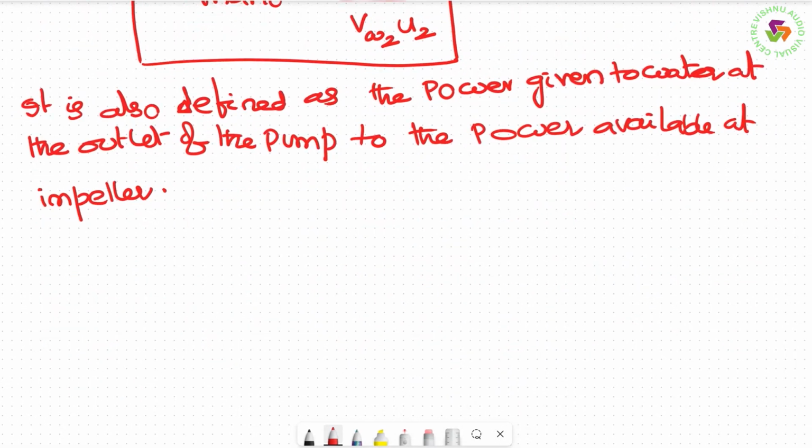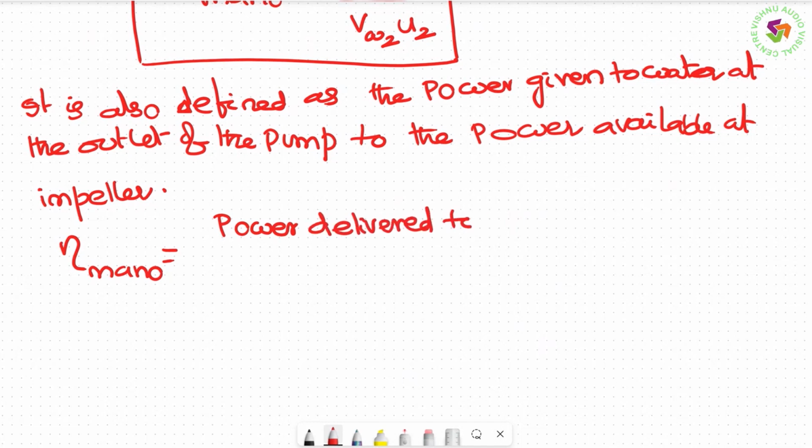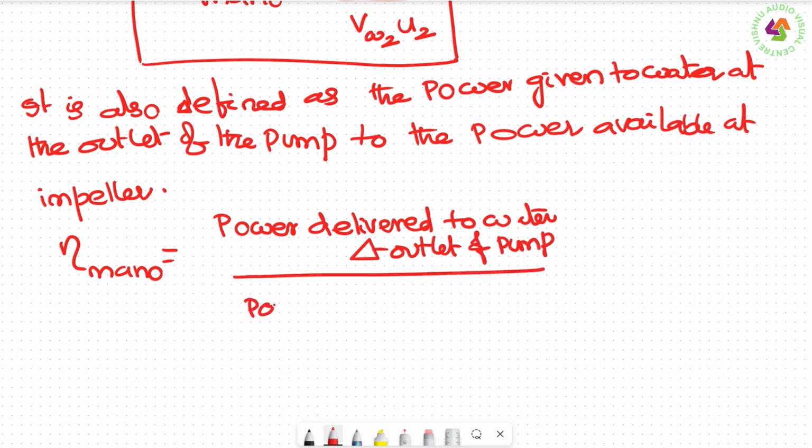And write like this, manometric efficiency is also equal to power delivered to water at outlet of pump to power available at impeller.